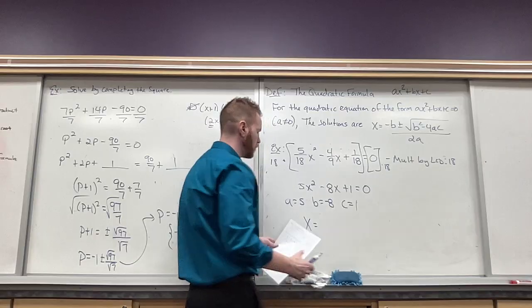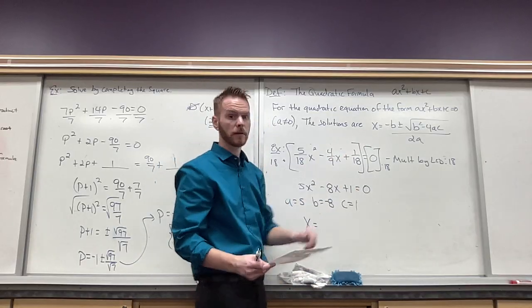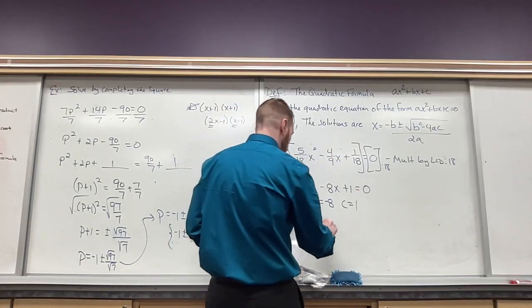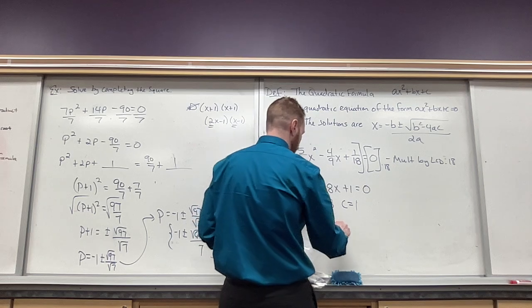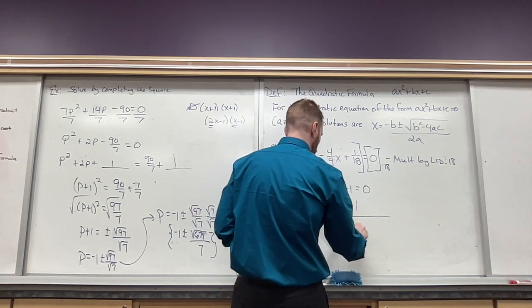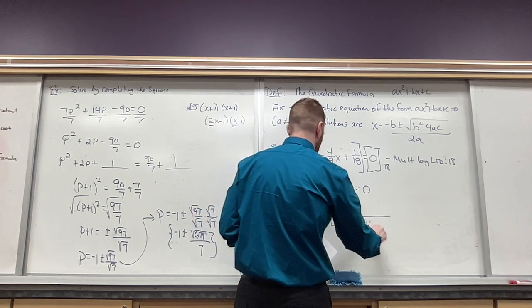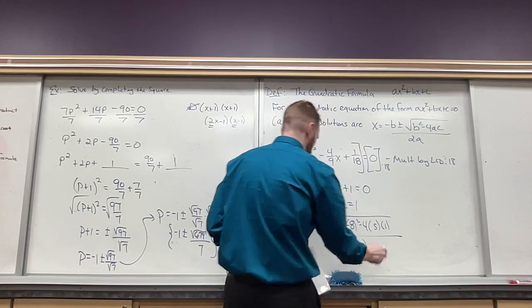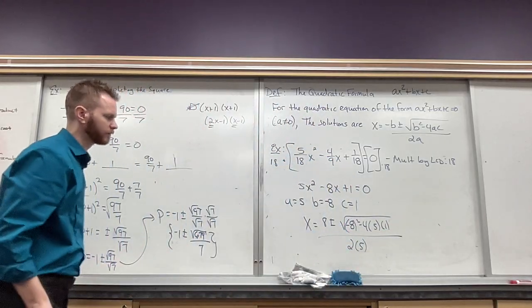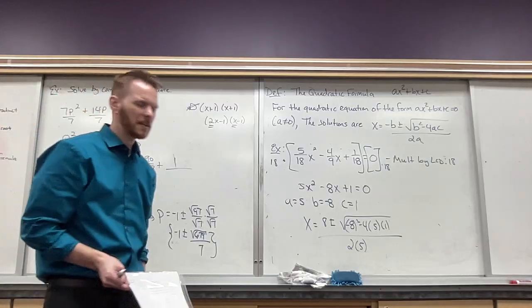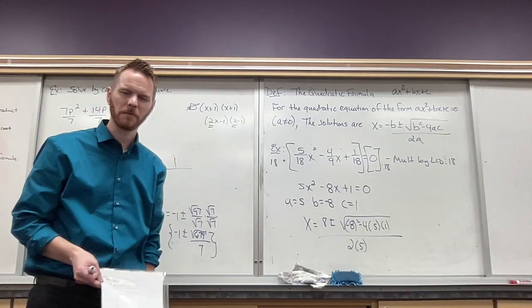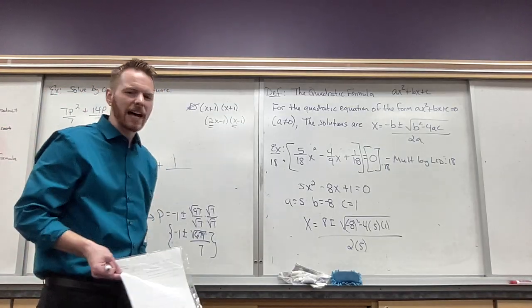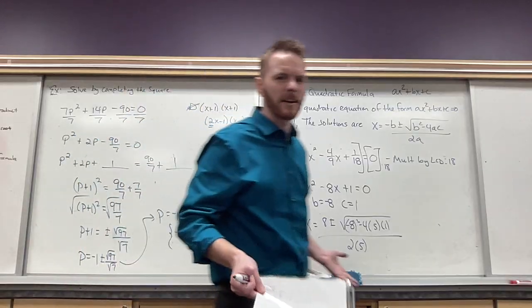So now what I'm going to do is take these three values and plug them into the formula. The negative 8 becomes a positive 8. Underneath the radical, negative 8 squared, minus 4 times 5 times 1, and all over 2 times 5. I don't know if that's comforting, seeing something that you've worked with for so long. It's nice to have something that isn't familiar territory, isn't it?